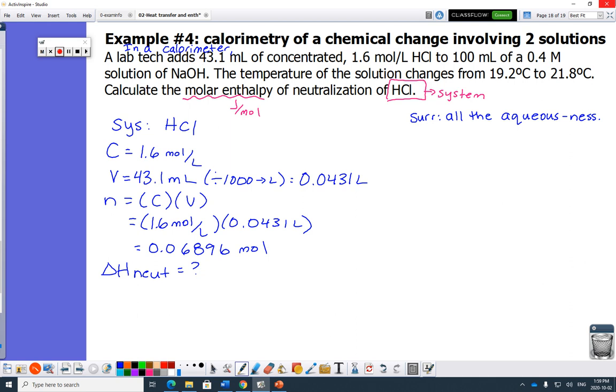So we have to do all the aqueousness. So volume 1, 43.1. Volume 2 is 100. So the total is 143.1. Which is the same as mass.